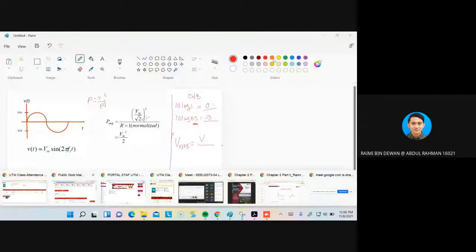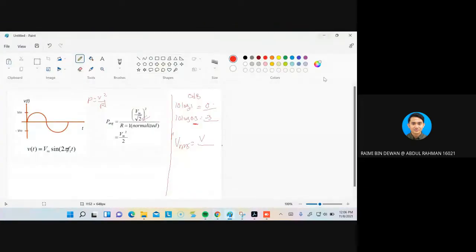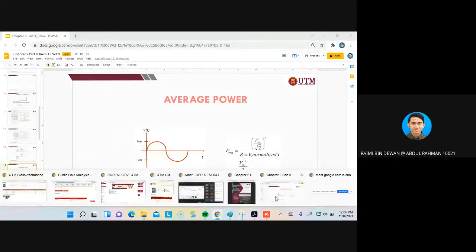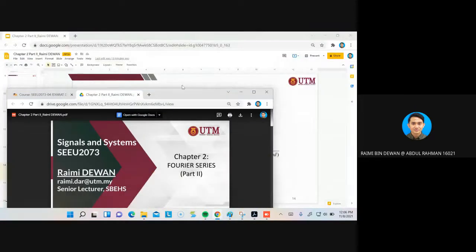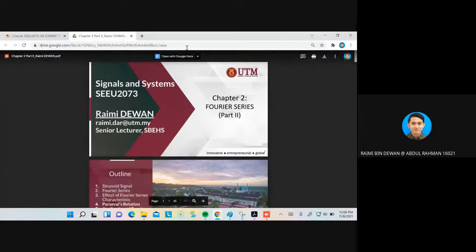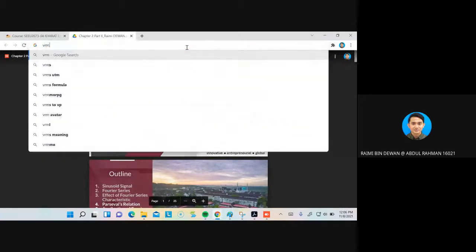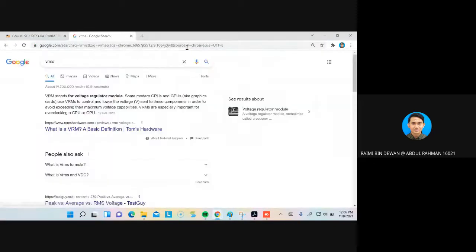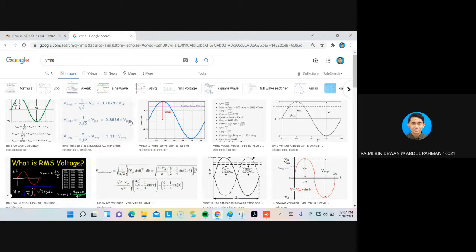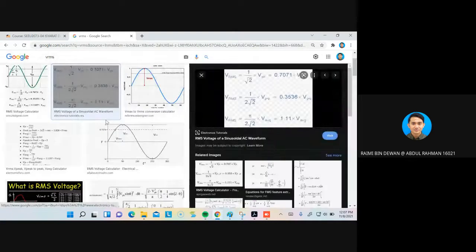So you can actually look it up. What is the equation for VRMS? Okay, Chintong, yes, square root of 2. Good, thank you.